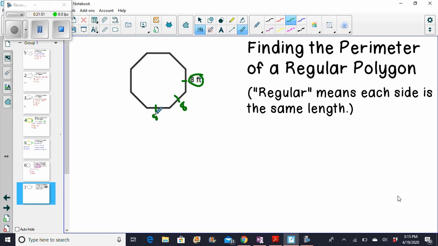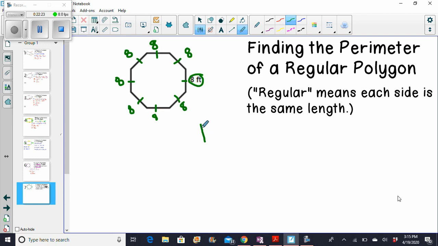There's my 3rd, my 4th, my 5th, my 6th, my 7th, and my 8th. So this is an 8-sided polygon. It is an octagon, and each side is going to be 8 feet. I have 8 measurements of 8 feet.